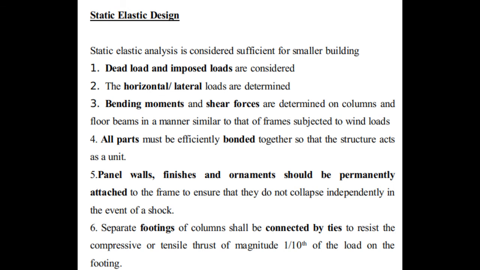Number 5, panel walls, finishes and ornaments should be permanently attached to the frame to ensure that they do not collapse independently in the event of a shock. Number 6, separate footings of columns shall be connected by ties to resist a compressive or tensile thrust of magnitude 1/10th of the load on the footing.